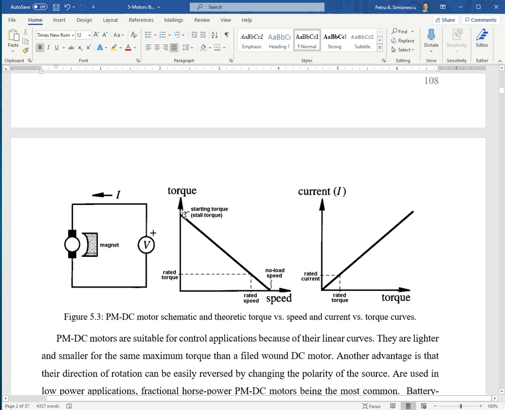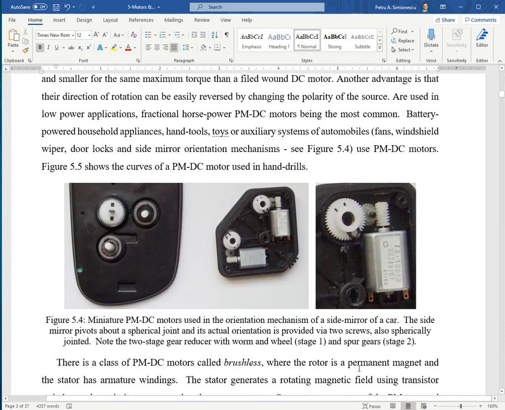So when you have the stall torque, you have the maximum current. So the current drawn from the power supply is maximum at the stall torque.